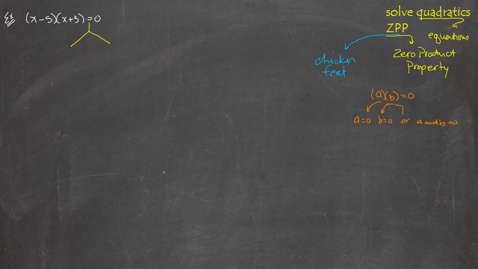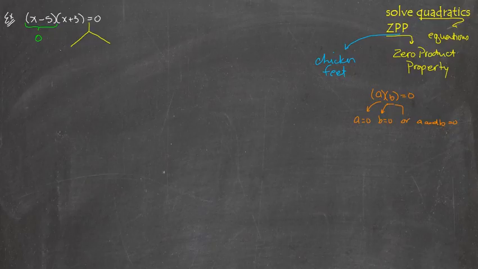What we're saying is that if this factor equals 0, then it's enough for the entire side of this equation to equal 0. Zero times whatever that is would equal 0. So if I find the x that makes this factor equal 0, I will have found a solution to this quadratic equation.